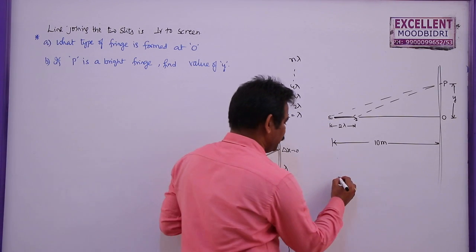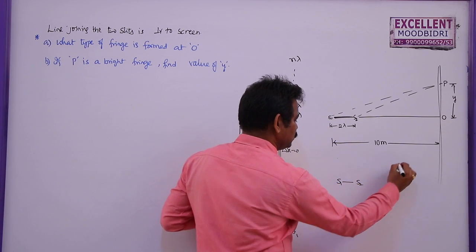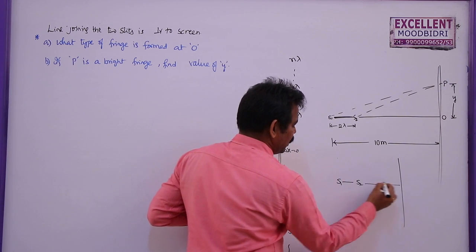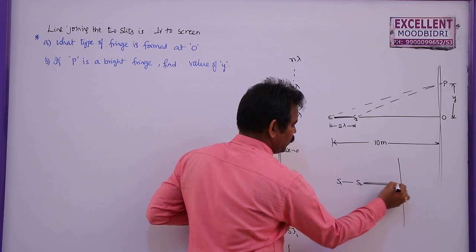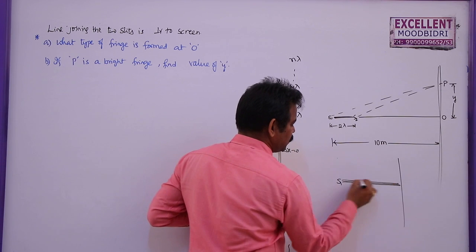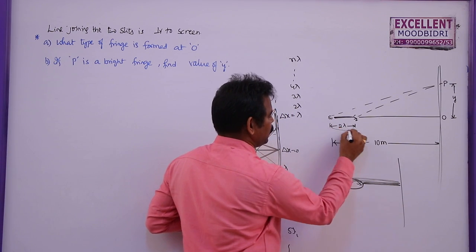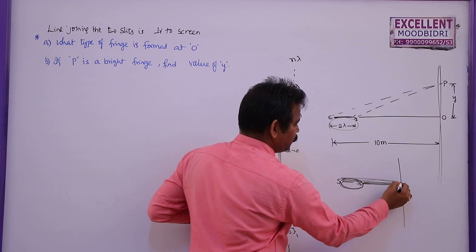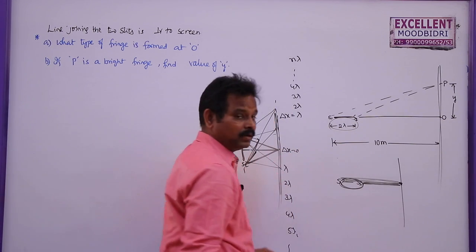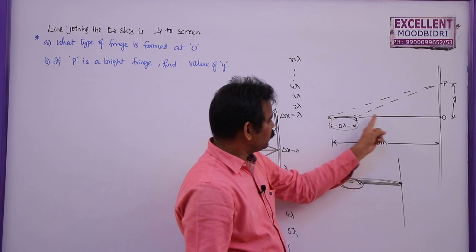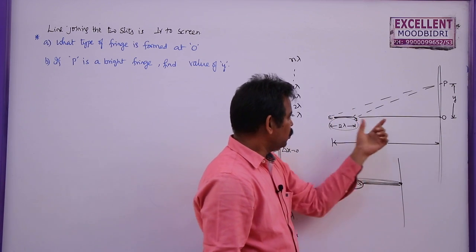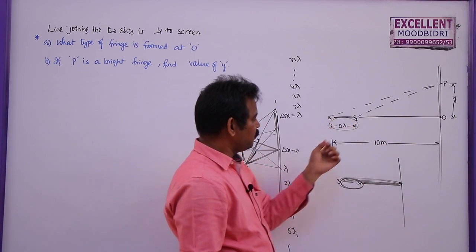Here you can see this is S1, this is S2, this is the screen. Now this is the path traveled by the second wave, this is the path traveled by the first wave, and here the distance between these two is given as 2 lambda. So the path difference here at this point. Now let us say light is traveling from S1 to O and S2 to O. So what is the path difference here? 2 lambda.